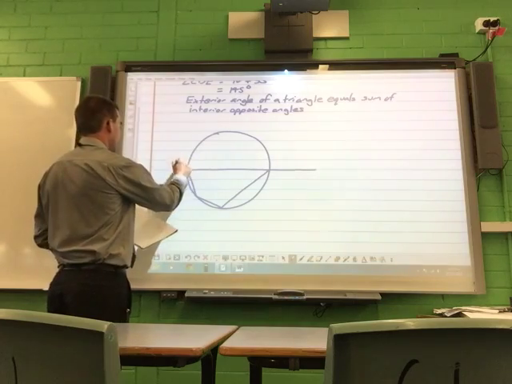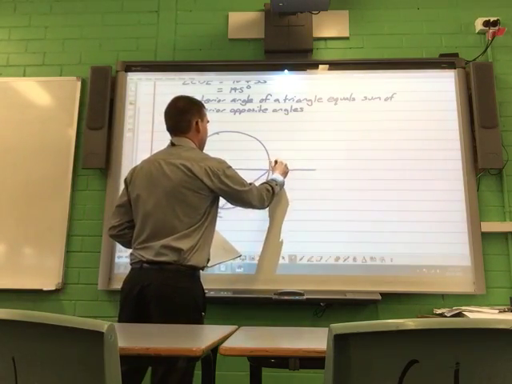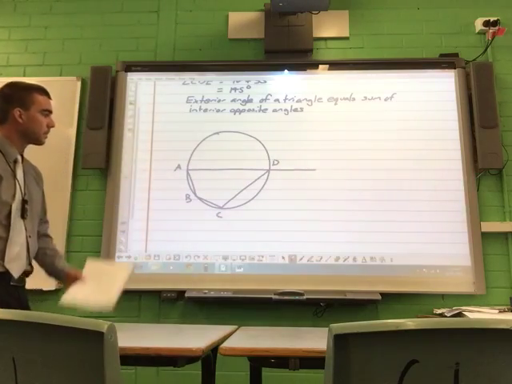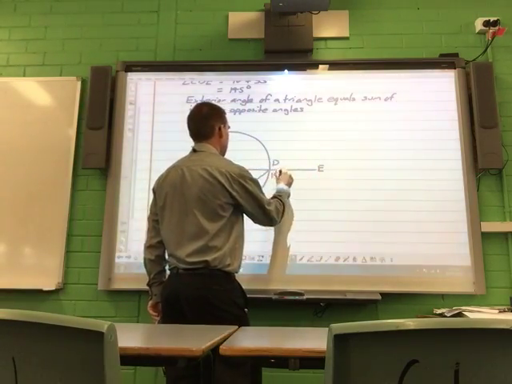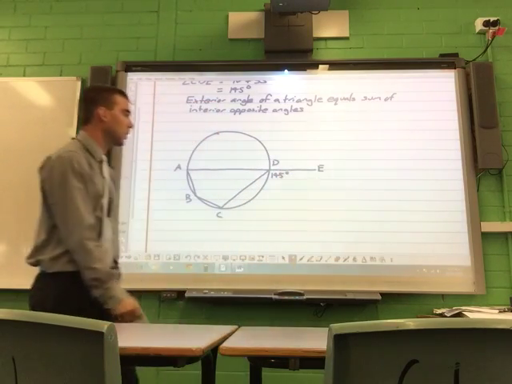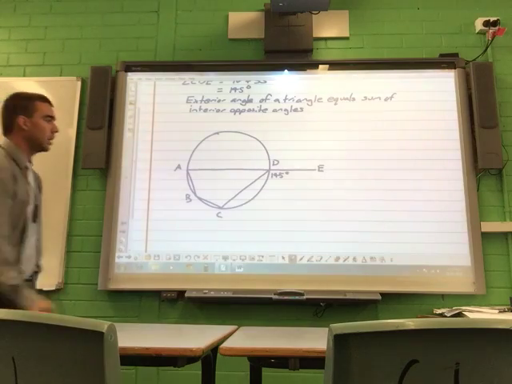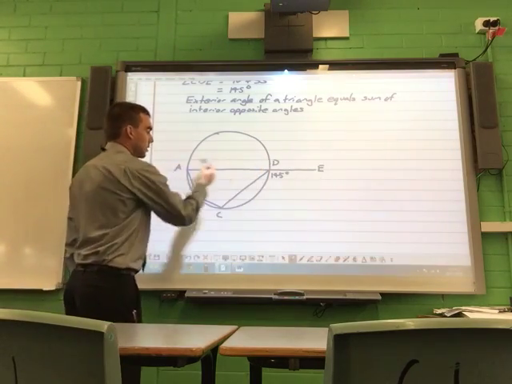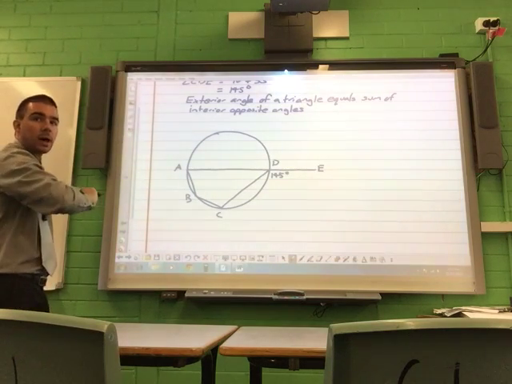Alright, so this is A, B, C, and D. This is E. We've just shown this angle here is 145 degrees. Okay, so A, B, C, D is a cyclic quad because you have 4 points on the circumference joined up.